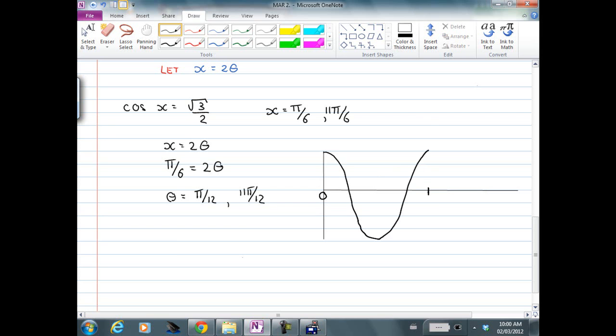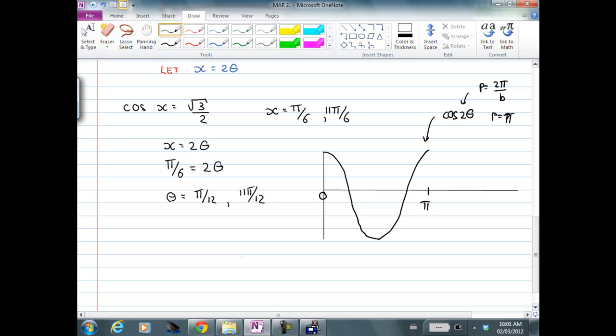Now, the problem with this is this is cos 2 theta. My ending is no longer 2 pi. Your ending now is pi, because remember, my period changes. Period equals 2 pi over b. So your period changed, which is pi. I want you to label this as pi for me, please.